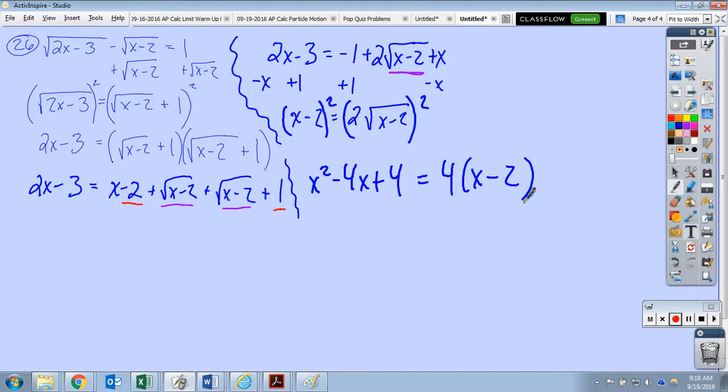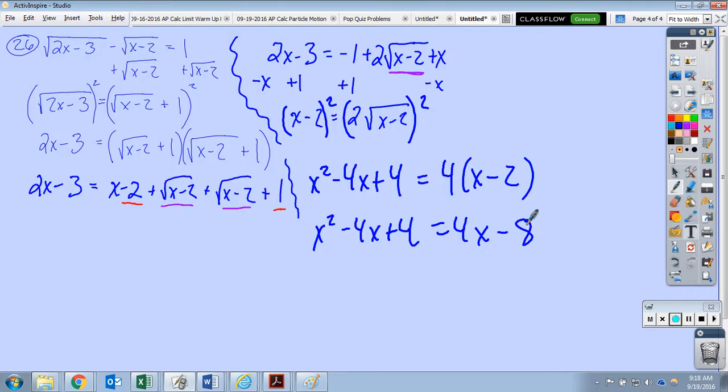I went back to this line, x minus 2 is equal to 2 times the square root of x minus 2, and decided to square it to avoid the fraction. So then x squared minus 4x plus 4 is equal to 4x minus 8.